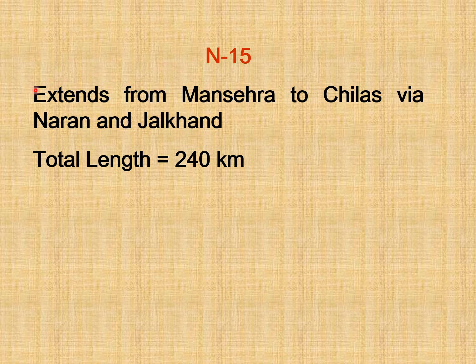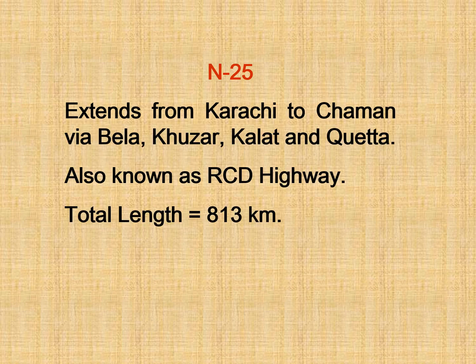N15 extends from Mansehra to Chilas via Naran and Jalkhand, total length 240 km. N25 extends from Karachi to Chaman via Bela, Khuzdar, Kalat and Quetta, also known as RCD Road Highway.